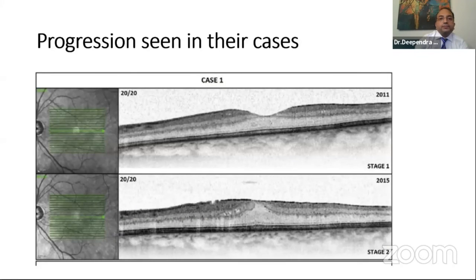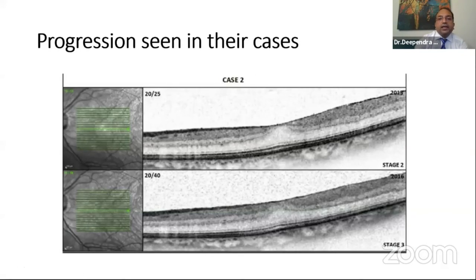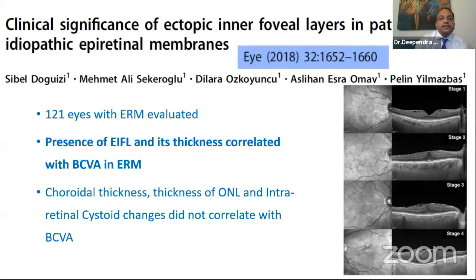And even in their series, they have seen that these cases progress from stage 1 to stage 2. So this is again a very useful learning from their series, that this staging is not only a one-time analysis, it's actually a serial analysis, and the cases can progress from stage 1 to 2, 2 to 3, and the same thing happens after surgery.